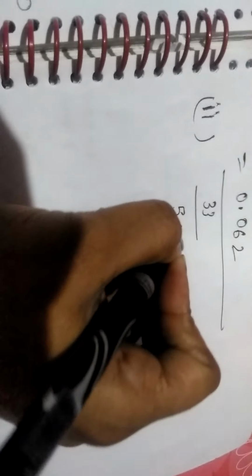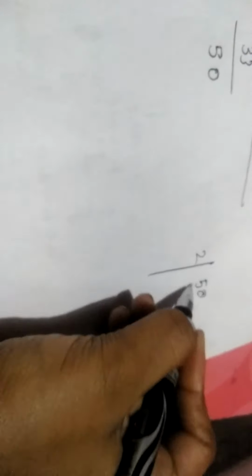Now the second example is 33 by 50. At first, find the prime factorization of 50: 2 fives are 10, and 5 fives are 25.